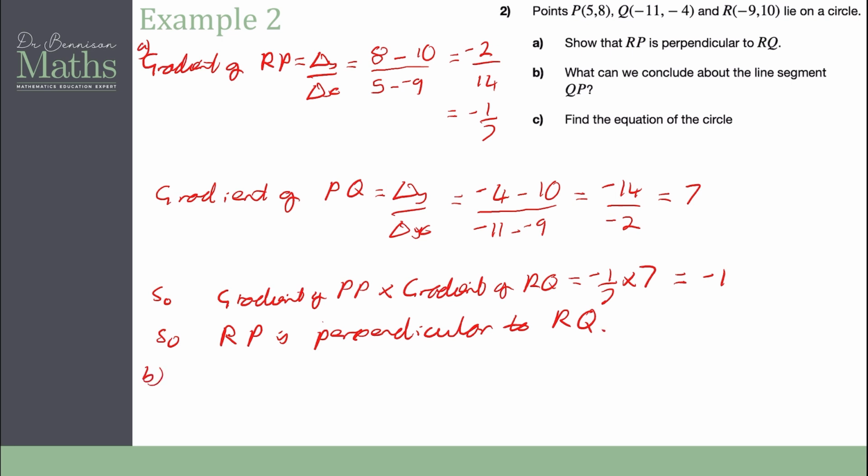Part B, this is to do with that circle theorem. So I've got my 3 points, R, P and Q. And I've just shown that this angle here is 90.